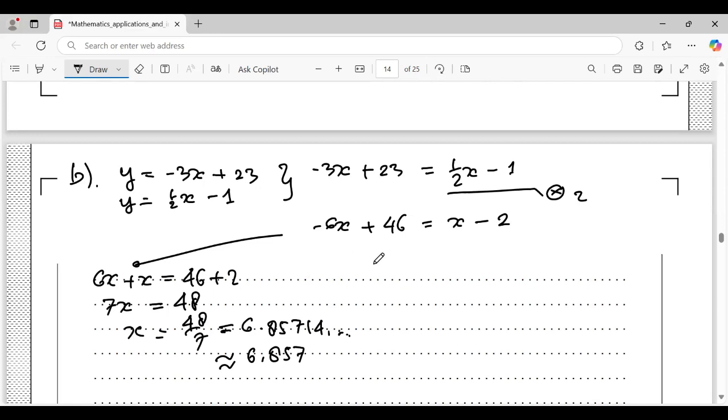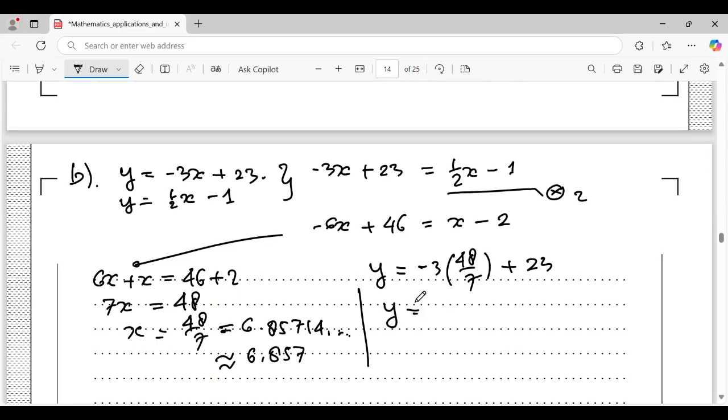Okay, now we're going to find y. Substitute x equals 48 over 7 into this equation, minus 3 times 48 over 7 plus 23.